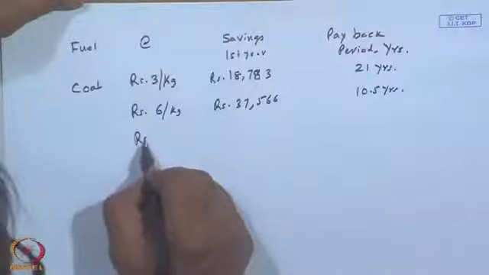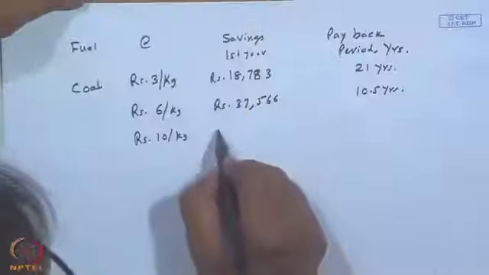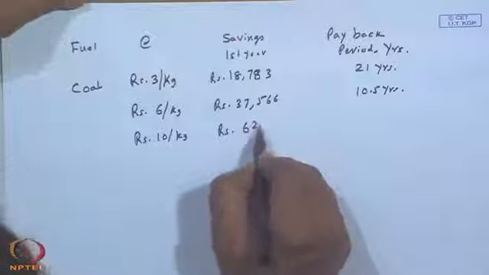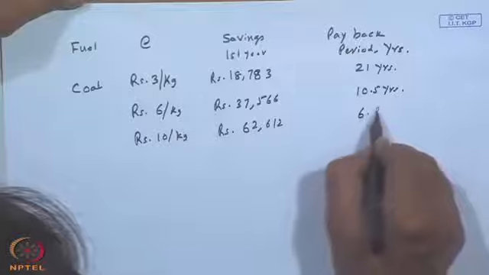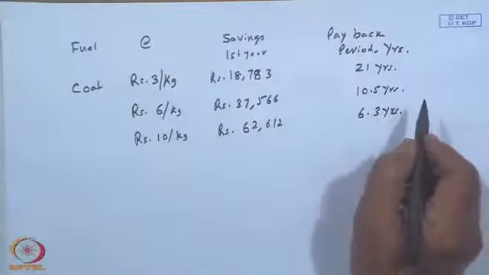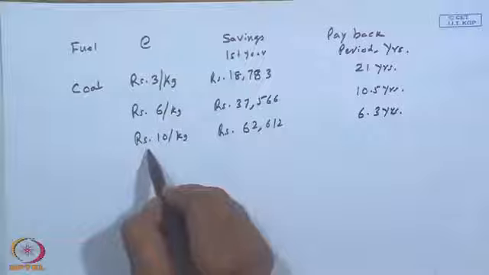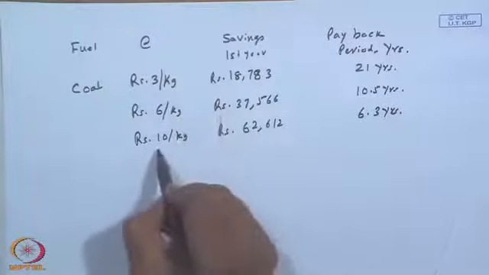And at Rs 10 a kg, which will be Rs 62,616, leading to 6.3 years. These are not cooked up numbers, and I have locally verified that household coal is sold at about Rs 10 per kg.